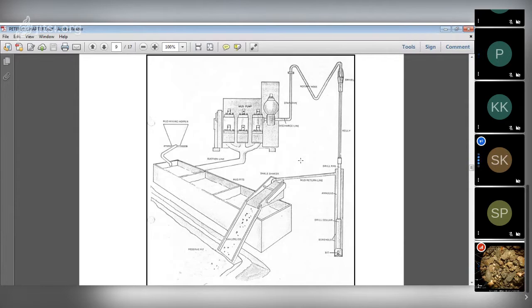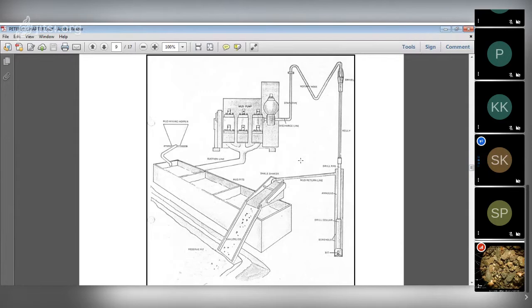Whatever is happening to the mud, whatever mud is going in the hole, the properties of the mud, viscosity, density, and all the different properties, we keep a record of it going in the hole and coming out of the hole.